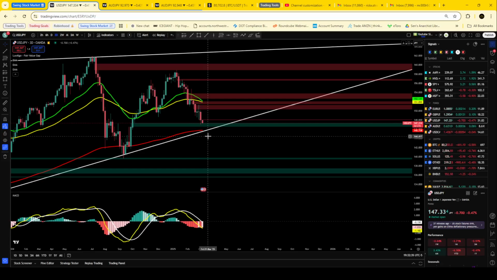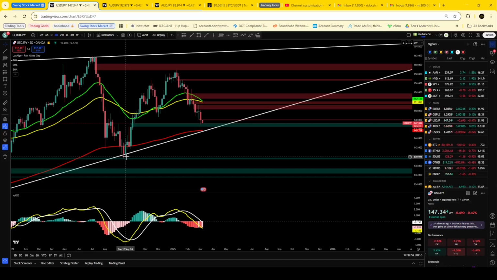The way I use the MACD is when I see a candle and it's the opposite candle of what you see down here. It's typically looking for a reversal. Right here.